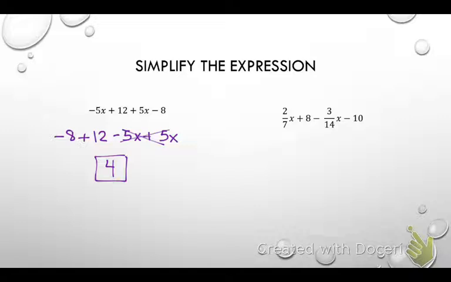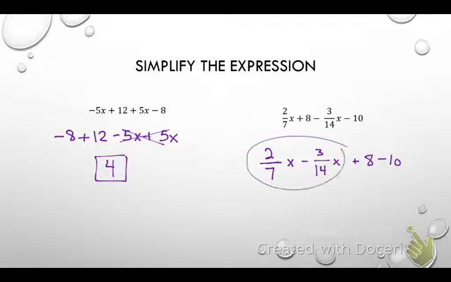All right, and then for the second one, would you agree it looks a little more difficult, right? Why? What makes it look more difficult? The fractions. But it doesn't need to be intimidating because I can group them together, and here's where the grouping could be helpful, okay? Because when I group my fractions together, it gives me a better visual on what I need to do to combine them.